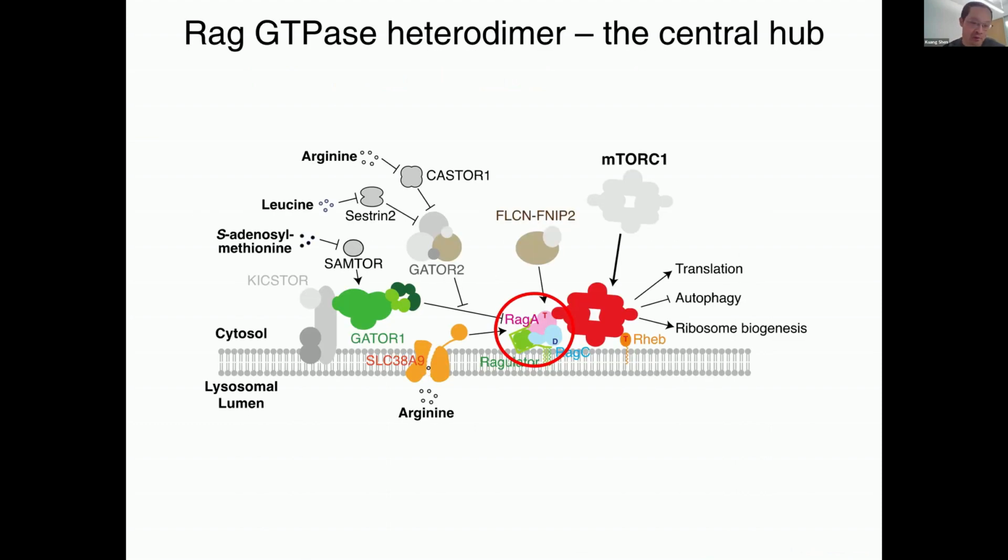So we decided to start with the Rag GTPase heterodimer because of several reasons. First, it directly recruits mTORC1 to the lysosome surface, so it's occupying a key position in this critical biological process. And second, it seems to be where all the amino acid signals converge at this moment. And third, it has a very unique architecture, which makes the biochemical property very interesting. So I will elaborate on this point in a minute.